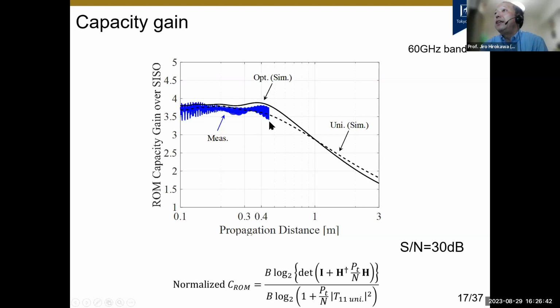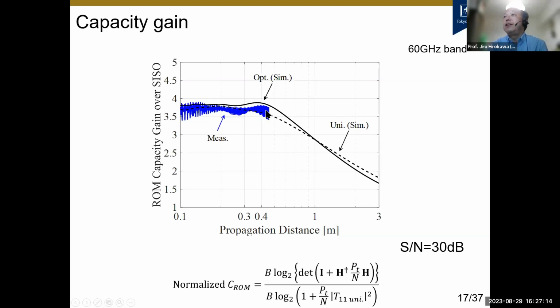The black dashed line shows the capacity gain for the uniform excitation, while the solid line shows results for the optimized excitation. We have about 10% enhancement for the 0.4 meter distance.